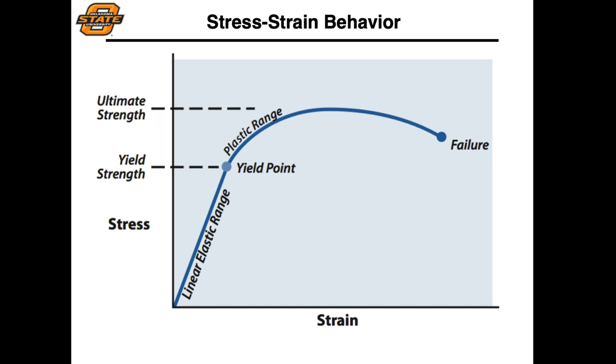Now, this behavior is highly dependent upon the individual material characteristics, in particular where that yield point is, the plastic range, and then ultimately that failure. That failure point can be much closer to that yield point than is shown in this particular conceptual figure, for example, or it could even be farther away.